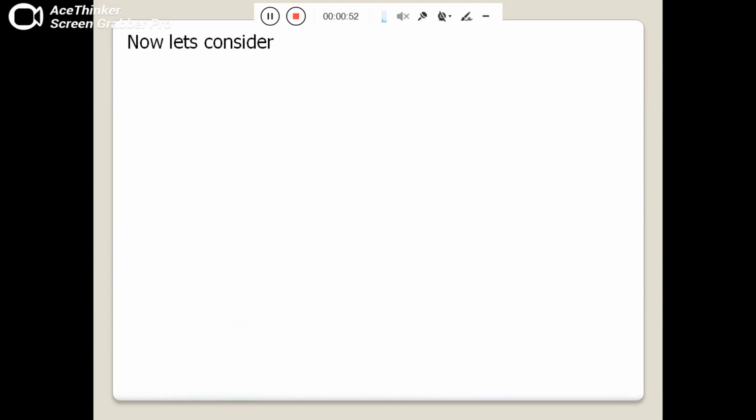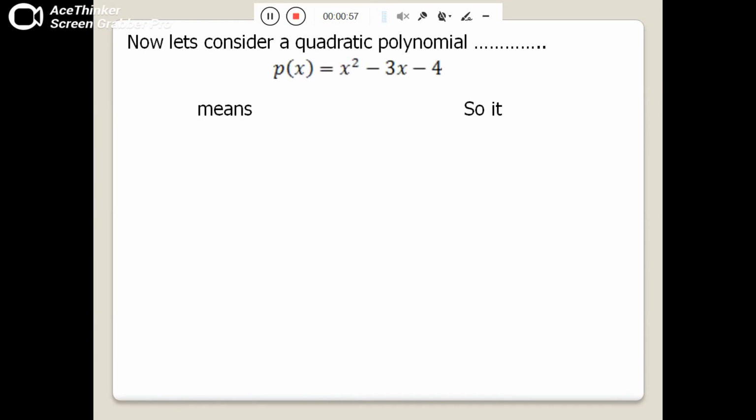Now let us consider a quadratic polynomial, p(x) equals x square minus 3x minus 4, which means y equals x square minus 3x minus 4. Its solutions are as follows.